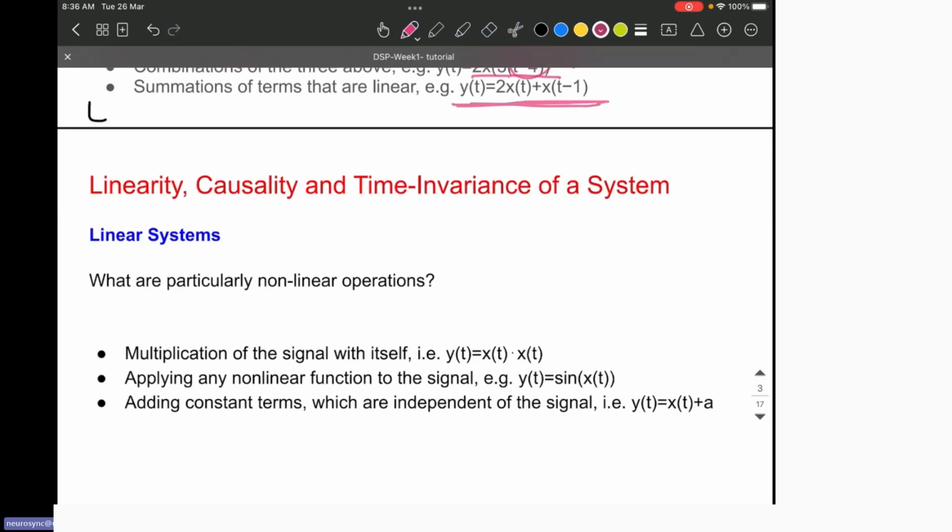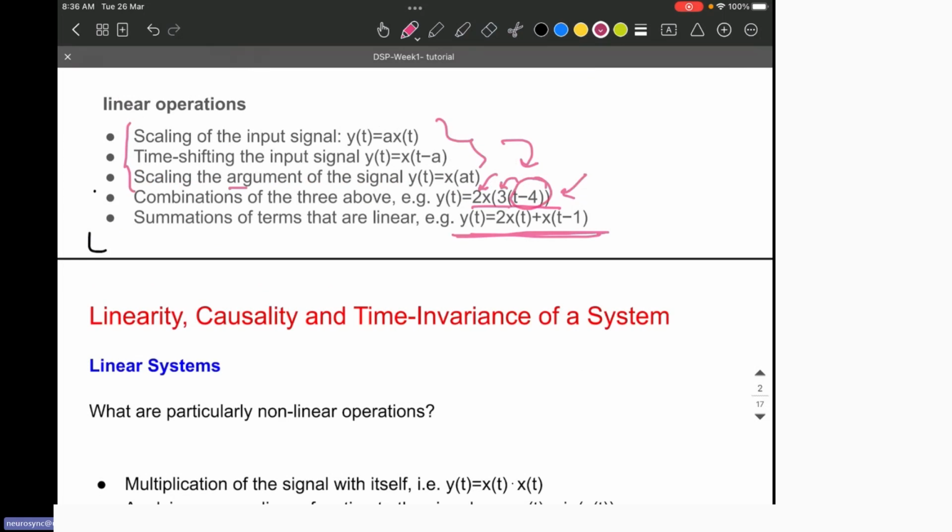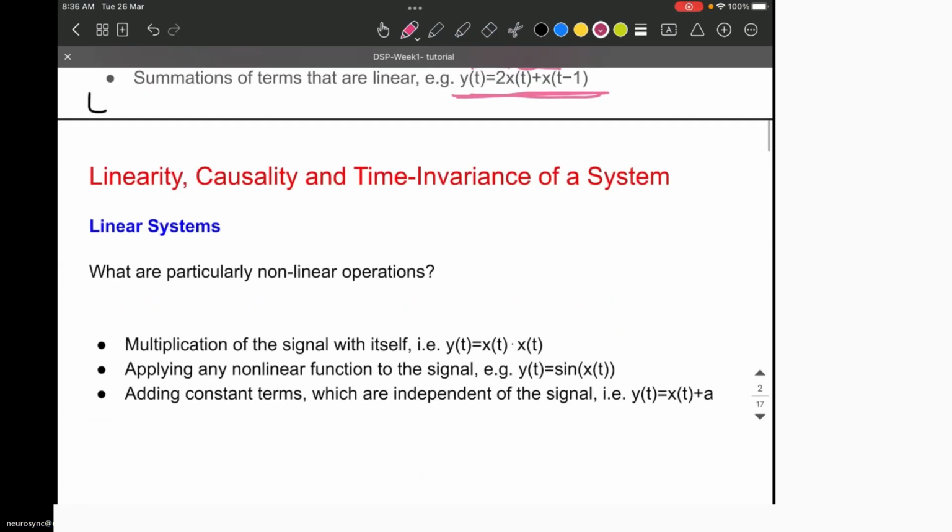Now, what are the particular non-linear operations? If you do not find this type of operation, you will find some different operations. The particular non-linear operations you will find are like this: multiplication of the signal.